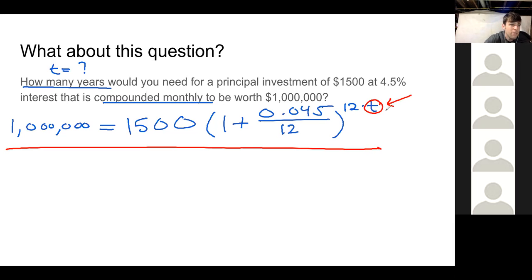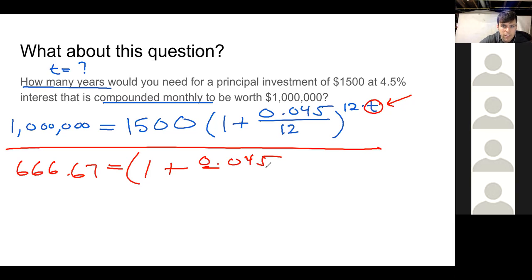The question would be, this is just an equation with a single variable. Why can't we just solve for that variable? Well, we could try. We could divide both sides by 1,500. So that would be 1 million divided by 1500. Okay, so that's actually $666.67. 1 plus 0.045 over 12, to the 12t.